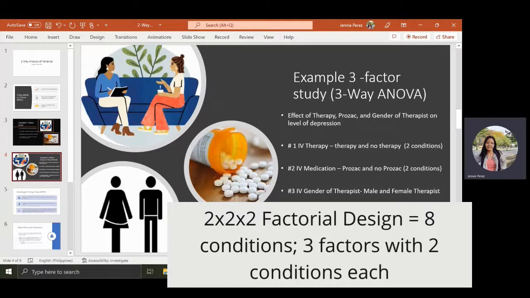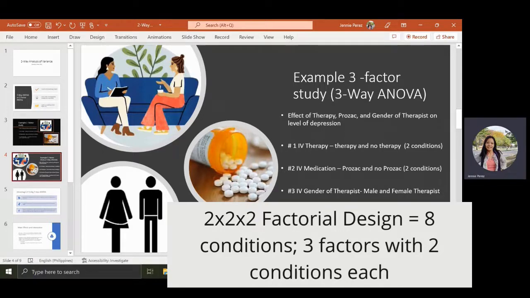For therapy, you have 2 conditions: the with therapy condition and the no therapy condition. For the medication factor, you have the Prozac condition and the no Prozac condition. And for the third factor, you have the gender of the therapist: male and female therapists.